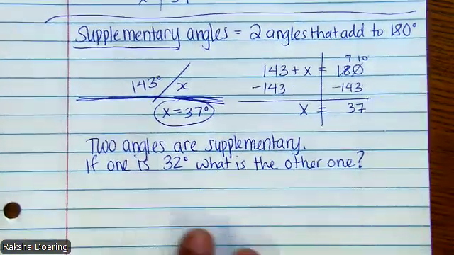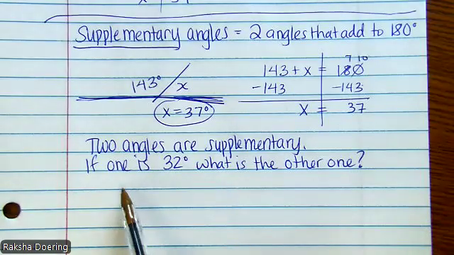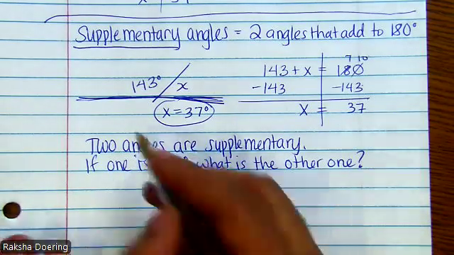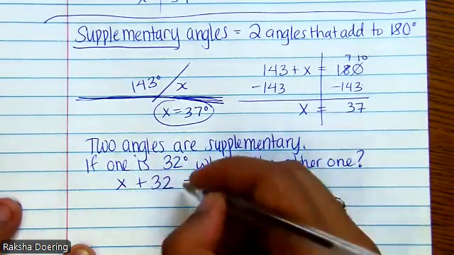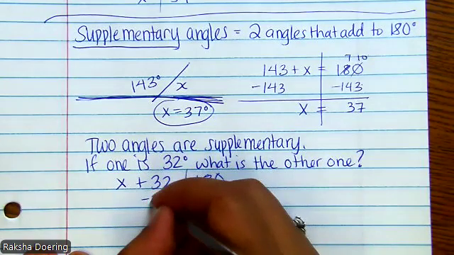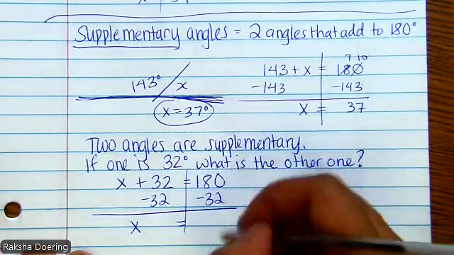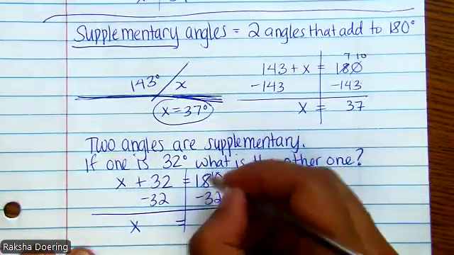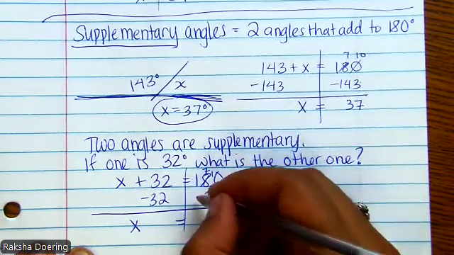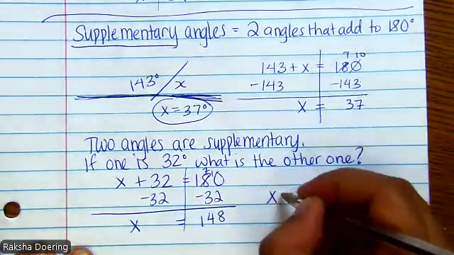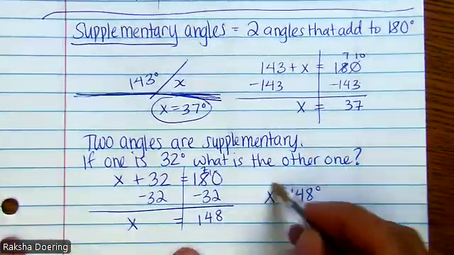And so again, here you have to know that supplementary angles means they add up to 180 degrees. So if I know that one of them is 32, I could say x plus 32 equals 180. And then to solve that, I would subtract 32 from both sides. So I get x equals, here I borrow, so I get 10. That becomes a 7. 10 minus 2 is 8. 7 minus 3 is 4. 1 minus 0 is 1. So my answer would be 148 degrees. And that would be my missing angle.